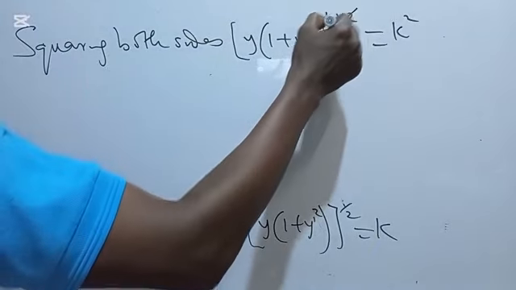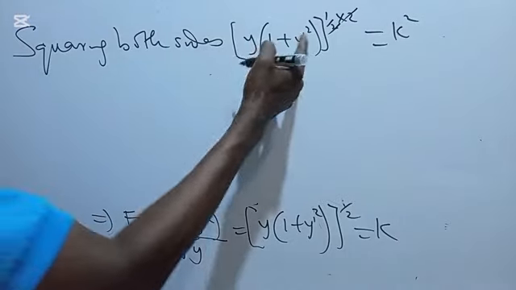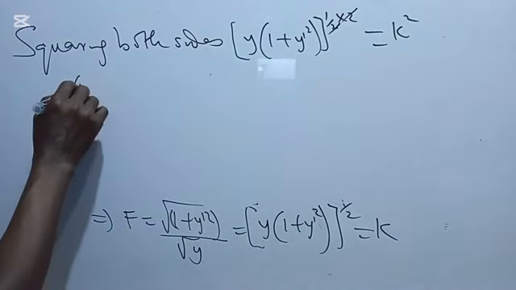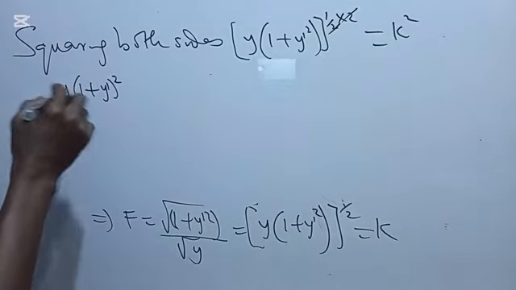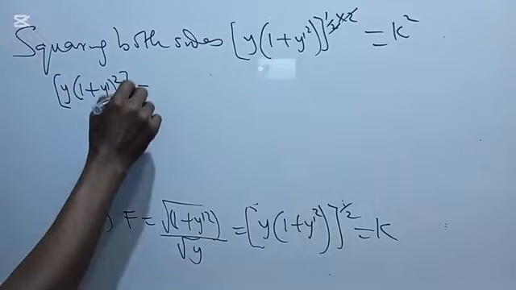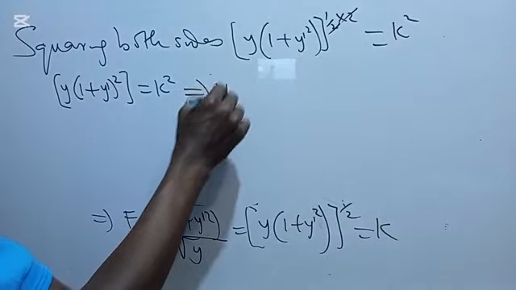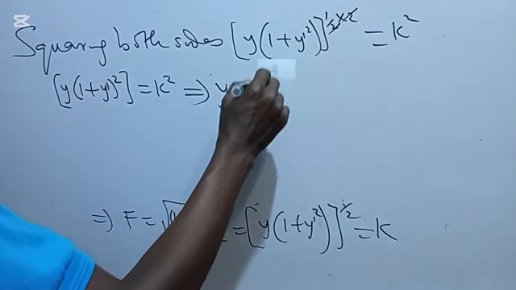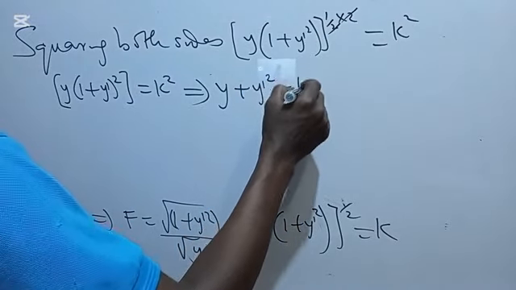So we cancel this, and we have y into (1 + y prime squared) is equal to k squared. Which implies, let's expand, y plus y y prime squared is equal to k squared.